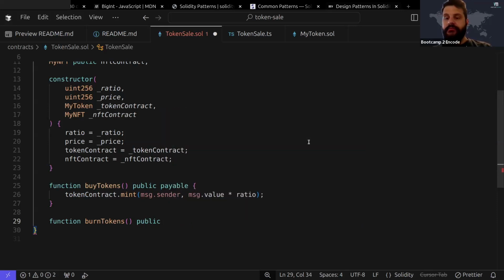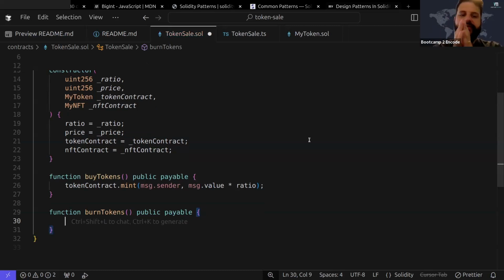Does it need to move value? Does it need to receive network tokens? For example, I can put payable, so it can receive the network tokens here. Is this function going to receive network tokens like ETH?